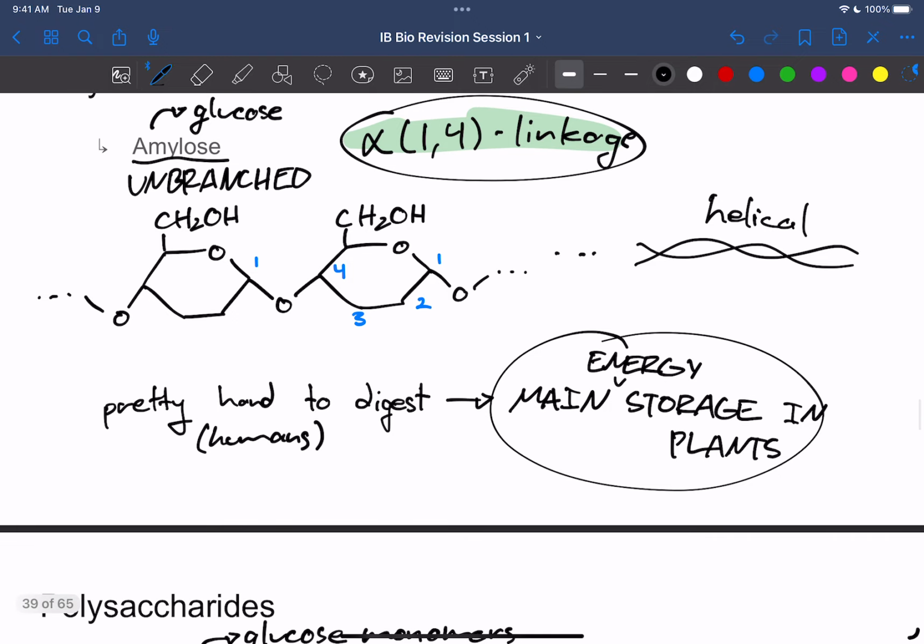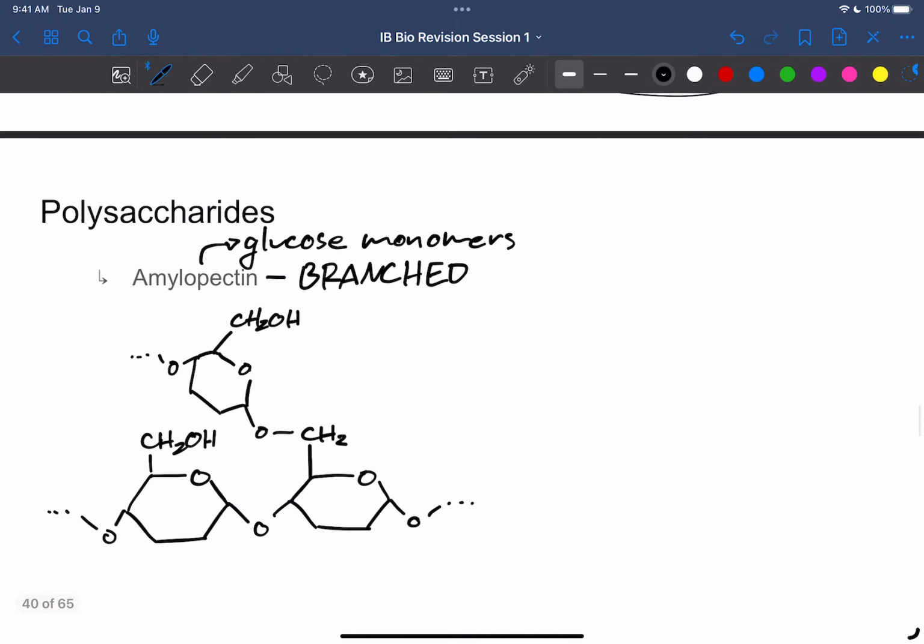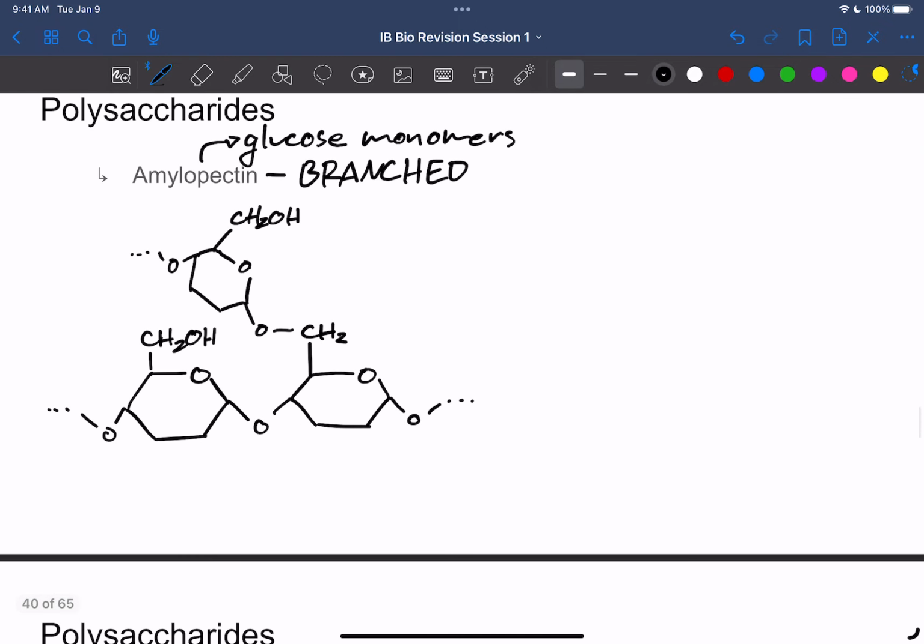So these are all glucose monomers, all of these polysaccharides. And what happens is for amylopectin, if we look at the linkages, there's 1, 2, 3, 4, 1. This is alpha 1,4 because this is opposite to this.